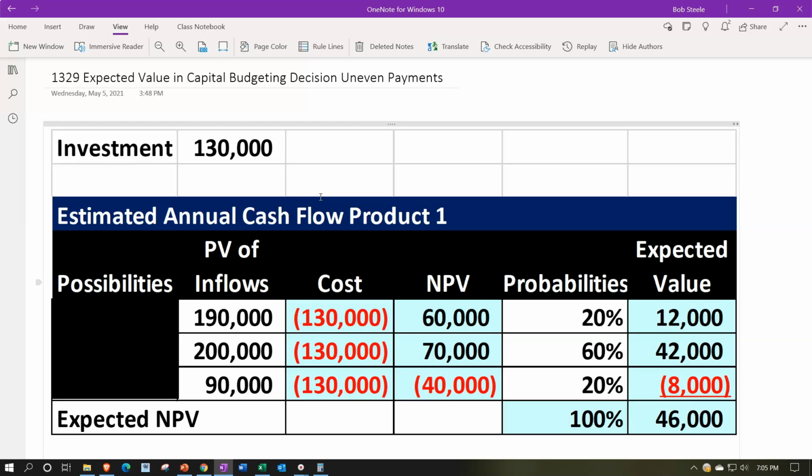We might want to dive deeper into what we think the inflow will be for year 1 versus year 2 versus year 3. And so we might run scenarios like this for each of the years of the 5 years of the capital investment to better drill down on what we believe the actual inflows will be for each capital investment. So we might take a look at a problem like that in the future.